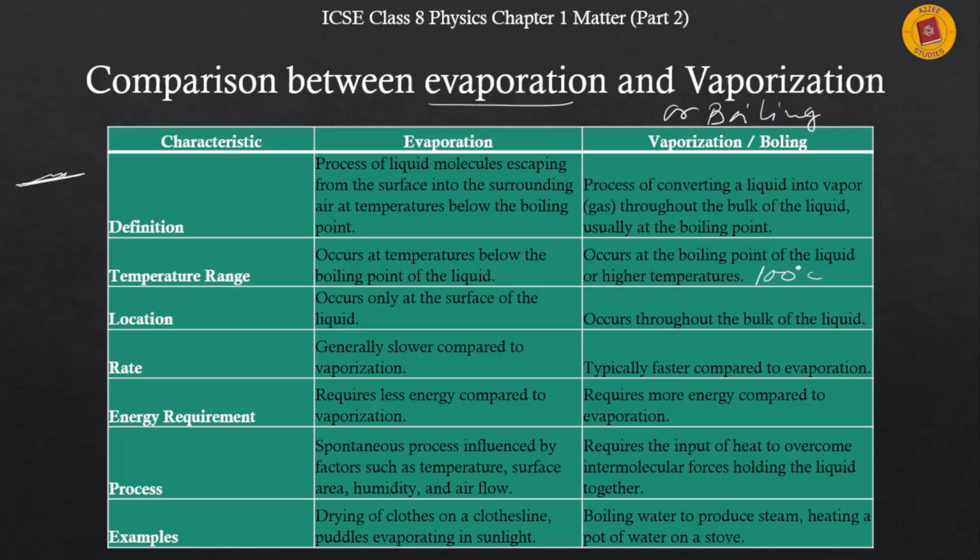In order to boil a liquid, we have to bring the temperature to the boiling point of that liquid. Evaporation occurs only at the surface of the liquid. This is important. If you take water in a saucer or any container, the evaporation occurs only from the surface.